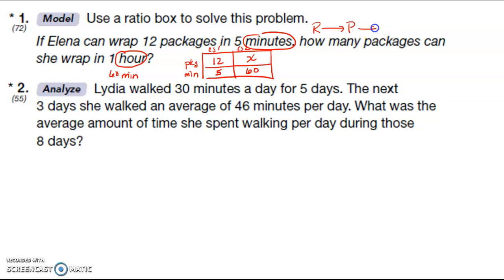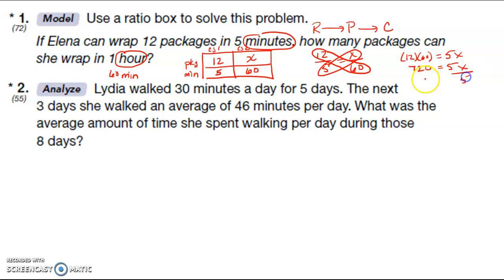I need to write my proportion and then cross multiply. 12 over 5 is equal to x over 60. I'm going to cross multiply. I get 12 times 60 is equal to 5 times x. 12 times 60 is 720.